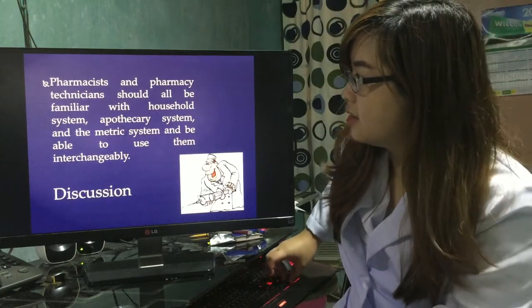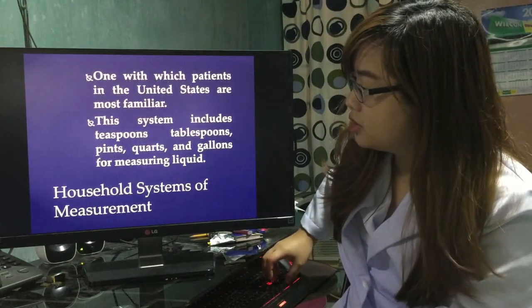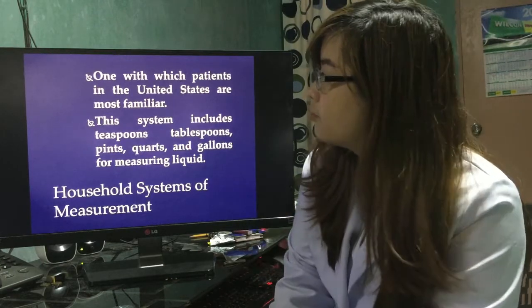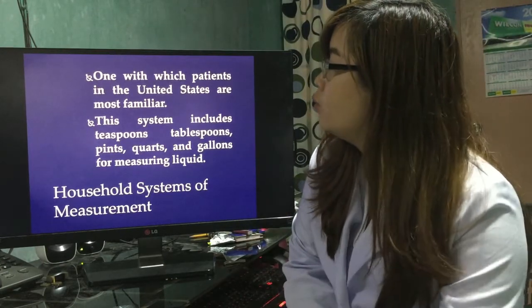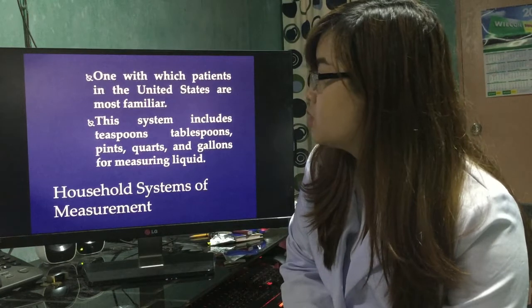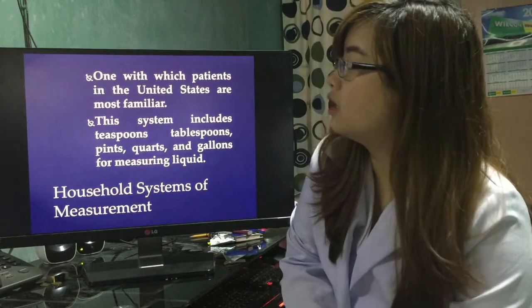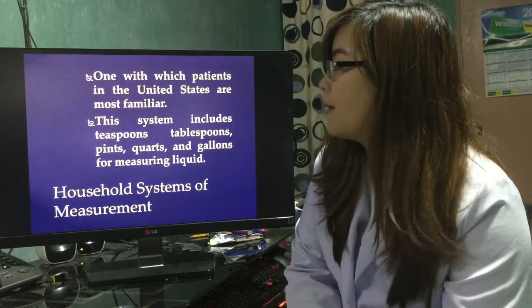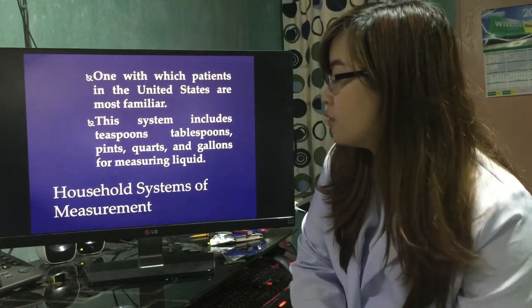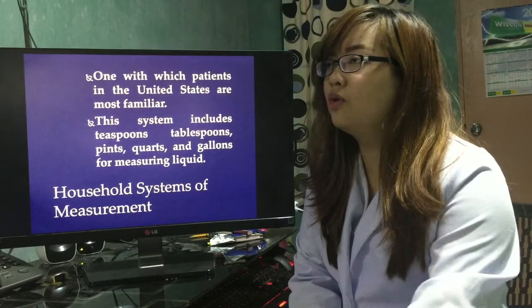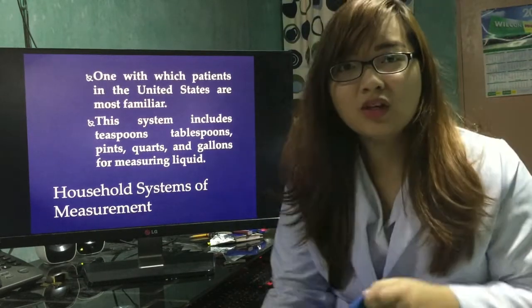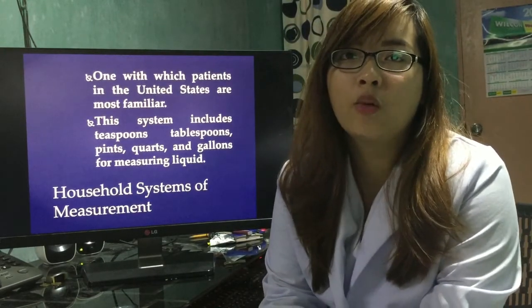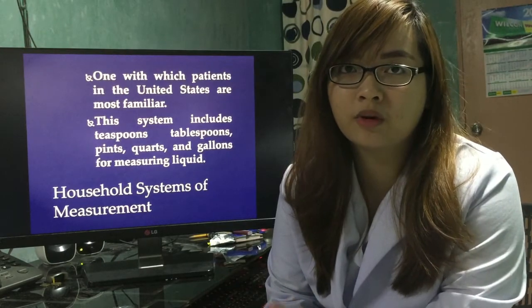The next slide is the household system of measurement, the one with which patients in the United States are most familiar. This system includes teaspoons, tablespoons, pints, quarts, and gallons for measuring liquid. It is used when an approximate dose is acceptable.